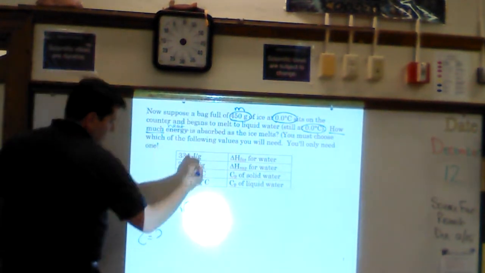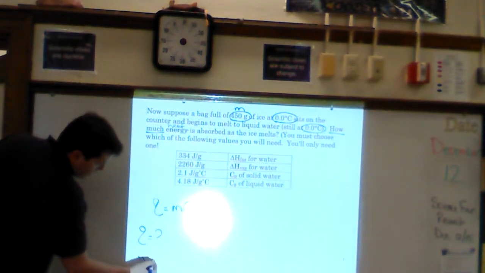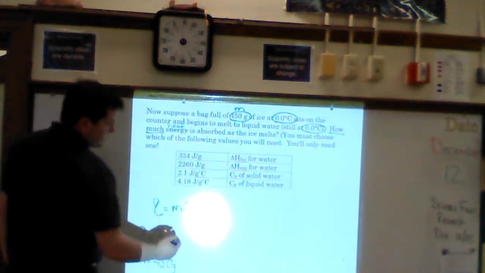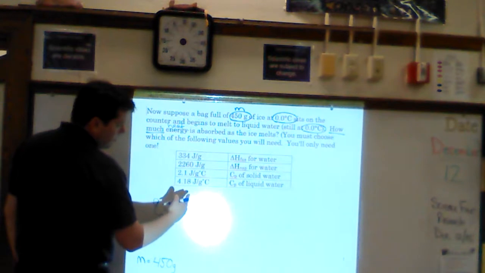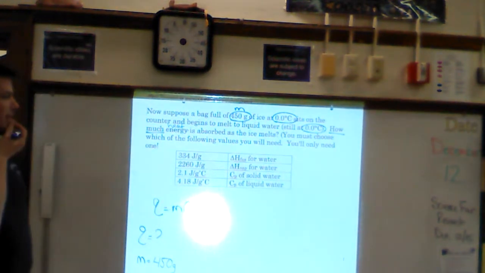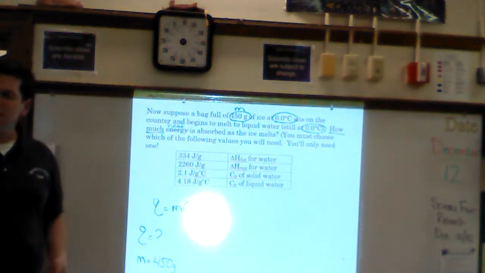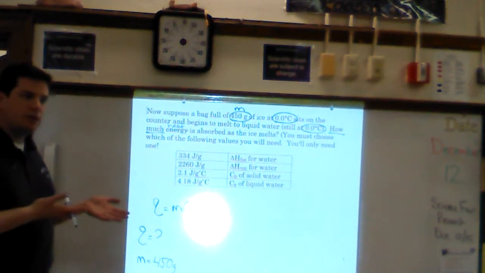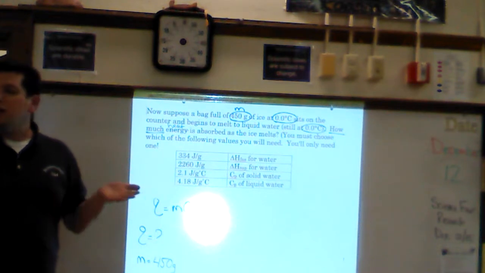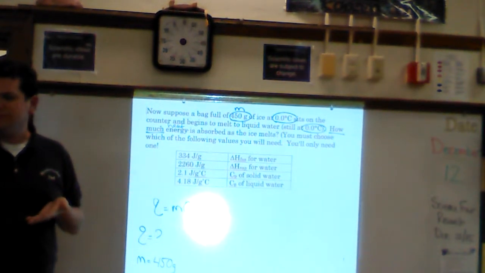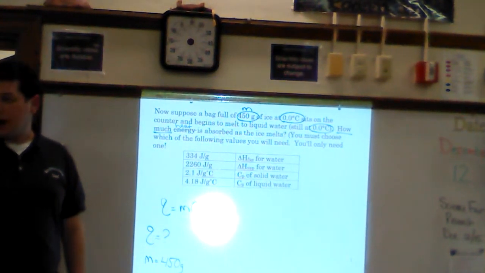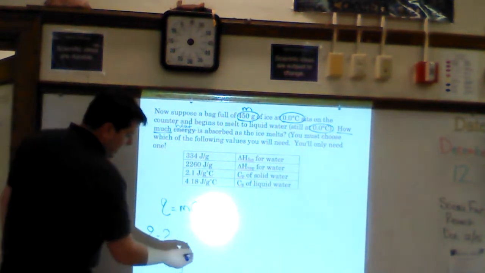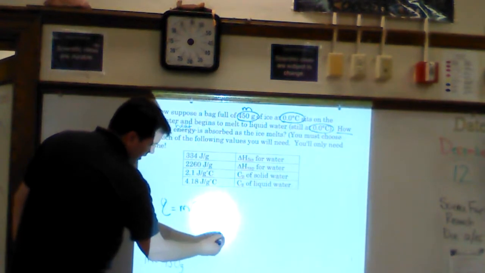Okay, that must mean that I need my mass, my Cp, and my delta T, right? So my mass, that's easy. Mass is 450 grams. Cp, okay, do I need the Cp for ice, solid water, or do I need the Cp for liquid water? Liquid water. I don't know. I'm actually leading you down the wrong path because I want to show you something. I'm not sure which Cp I need, right?